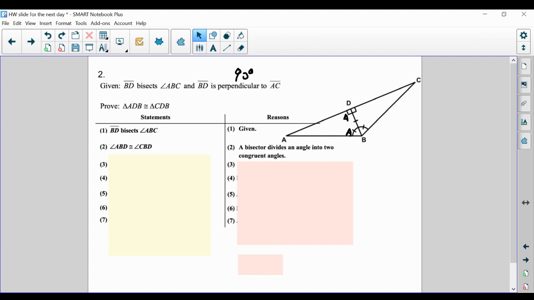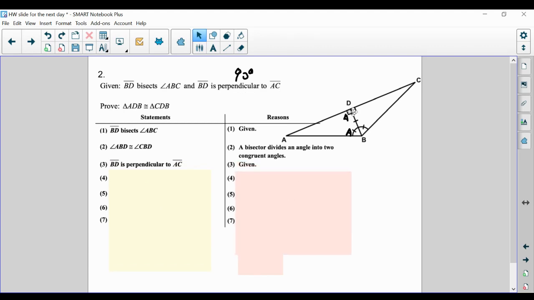There are many different ways to write the reason. As long as you have the same meaning, you're good to go. Okay, next one. We finished the first one already, and now we're going to use the second one. BD is perpendicular, which is 90 degrees, to AC. And what's the reason? It's up there, given.